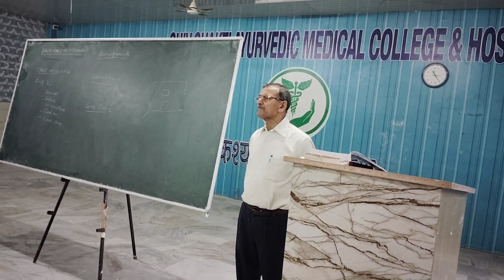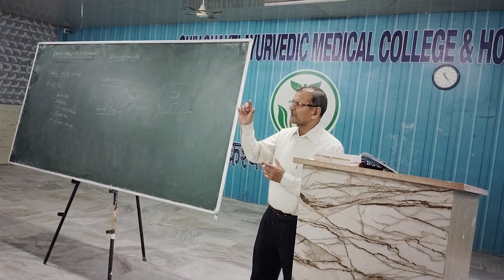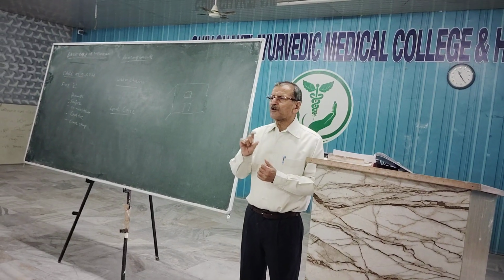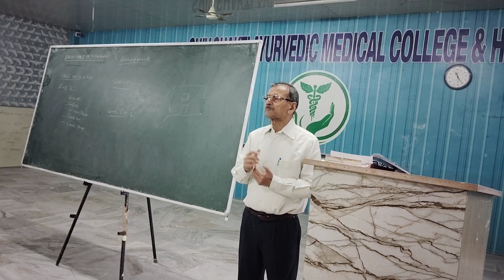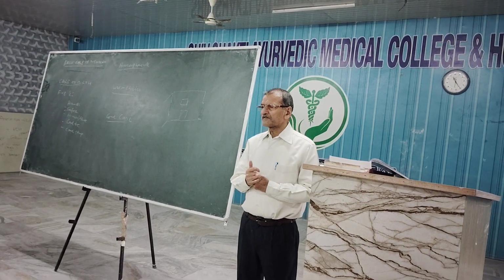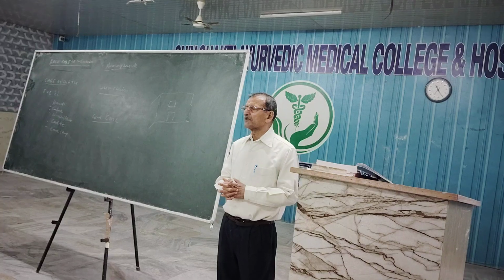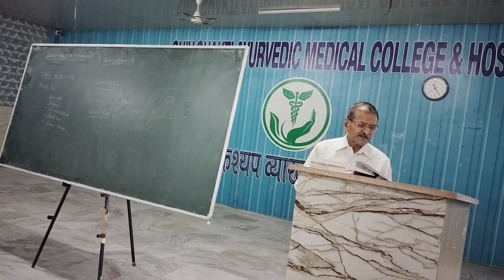You understand what is stump? After cutting the cord, the remaining portion which remains attached to the body of the child is called the umbilical cord stump. It should be left as such. No material should be applied on it. So these are the 5 C's that you need to take care of.